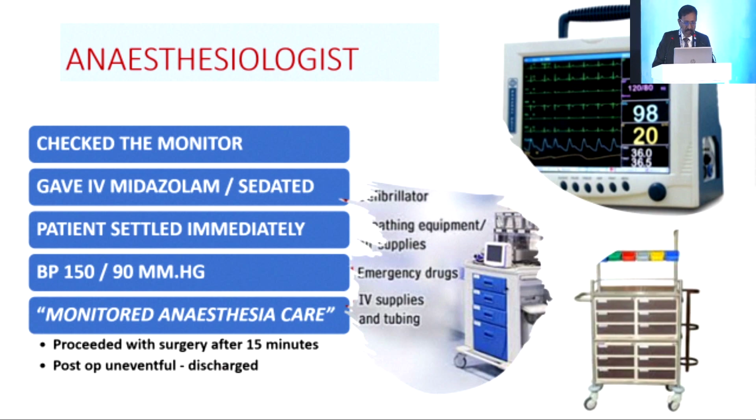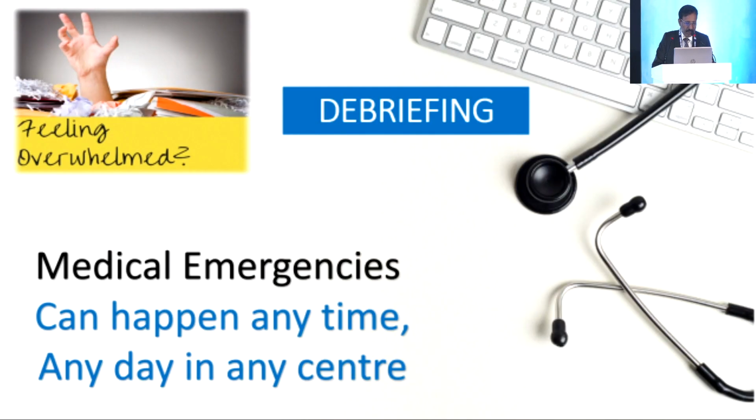He was checking the monitor, and at some point he had to intervene. He gave IV midazolam. Patient settled immediately. The BP came down within 5 to 10 minutes, and under monitored anesthesia care, we proceeded with the surgery, and the post-op period was uneventful. Patient was discharged as a daycare patient.